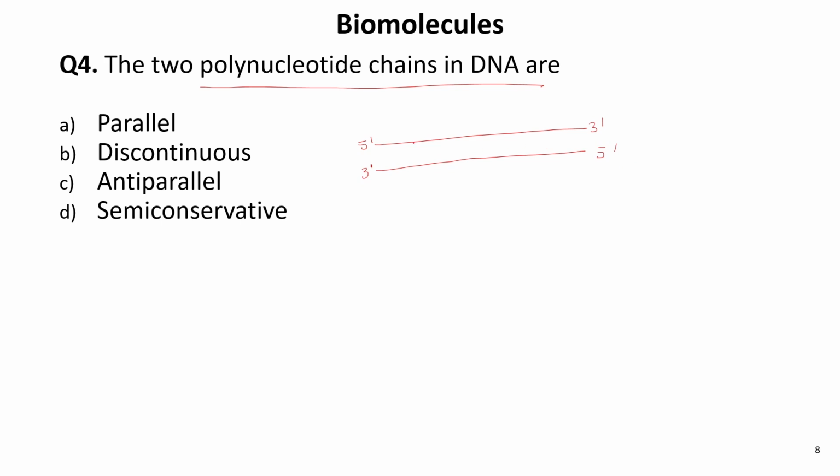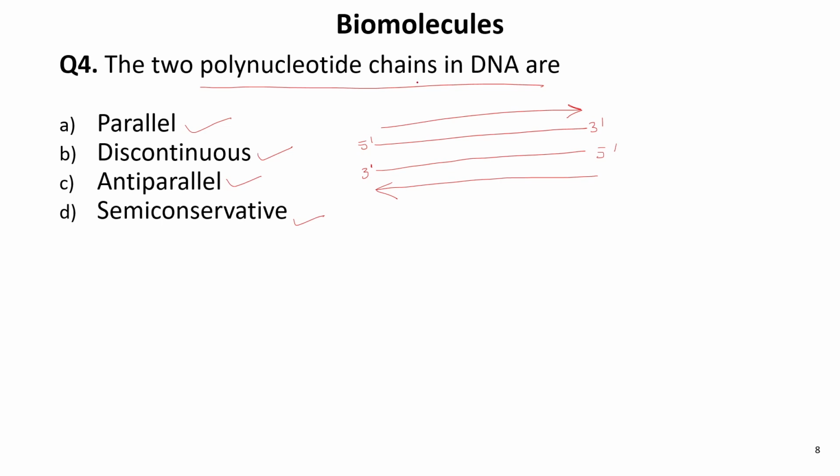So this is not parallel, this is anti-parallel. One is going in this direction, 5 prime to 3 prime, and the other is in the opposite direction. The options are parallel, discontinuous, anti-parallel, semi-conservative.